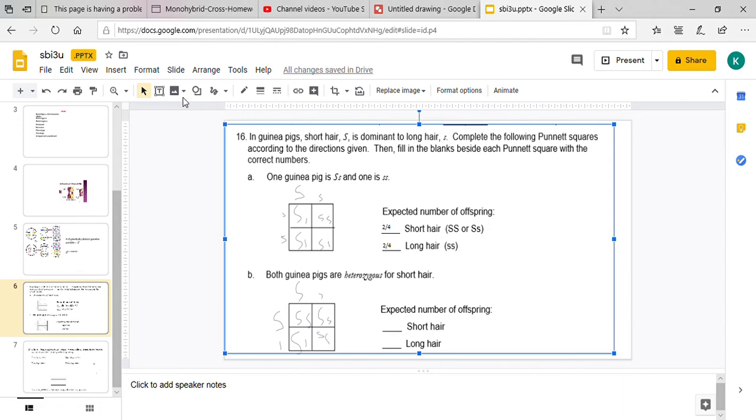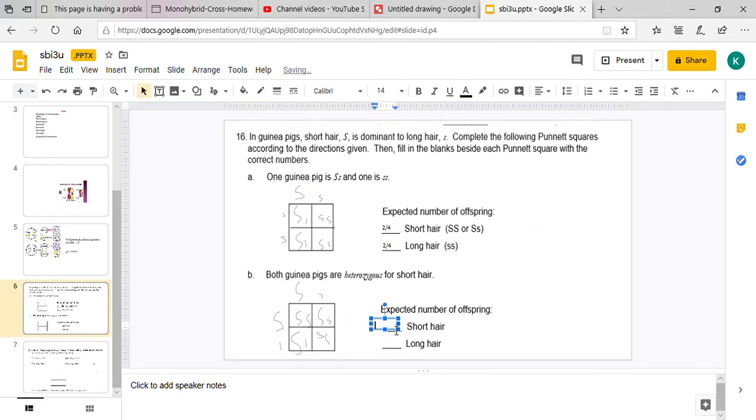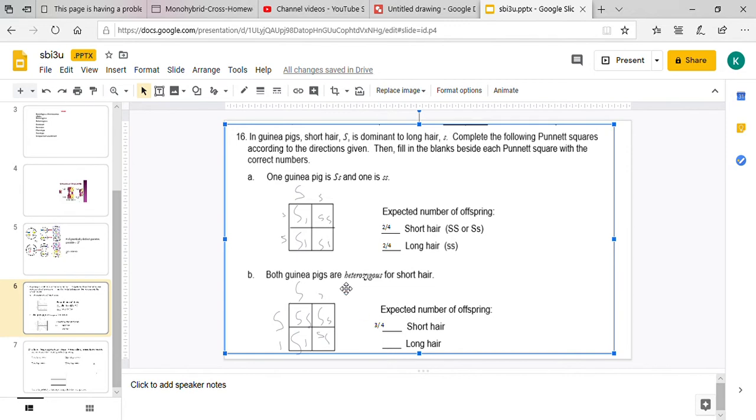So in this case, the frequency of the pigs with short hair is 3 in 4, or 75%, and the only long-haired possibility is 1 in 4, because the long hair will only be expressed if it's a case of homozygous recessiveness.